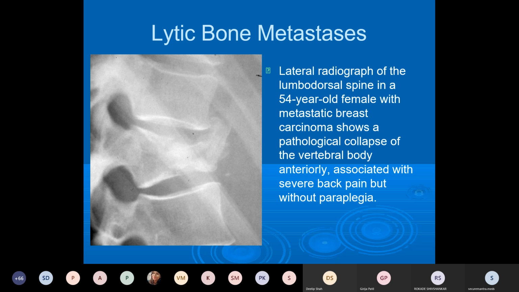And the patient is presenting with severe back pain, but there is no paraplegia, and the patient is a known case of breast carcinoma. So as we discussed earlier, in CA breast, we will get osteoblastic metastasis in the bone. So this is the radio-opaque area we can see. So the vertebral collapse or compression plus radio-opacity is because of osteoblastic metastasis in a known case of CA breast.